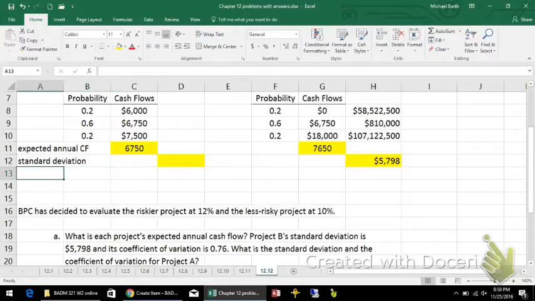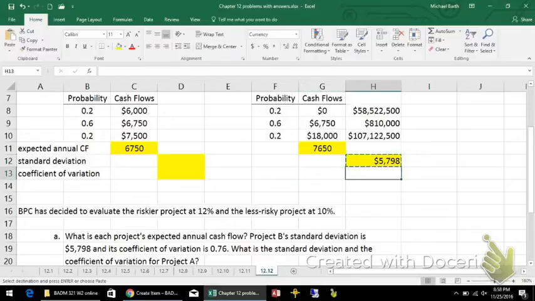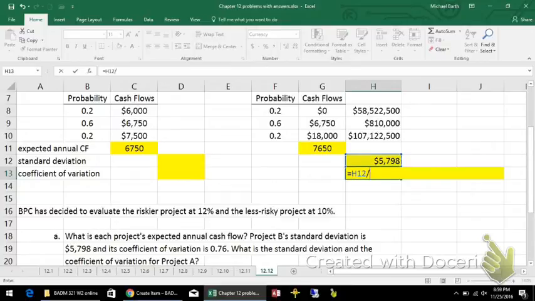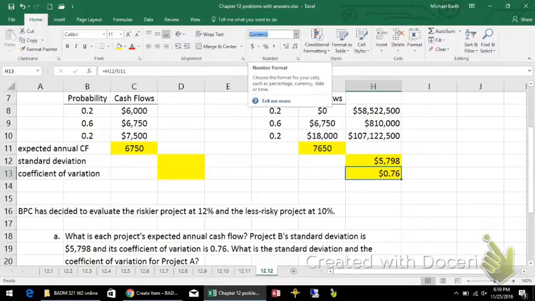And I want the coefficient of variation, which is simply the risk, the standard deviation, divided by the return. That's not in dollars, it's just a ratio of two numbers.